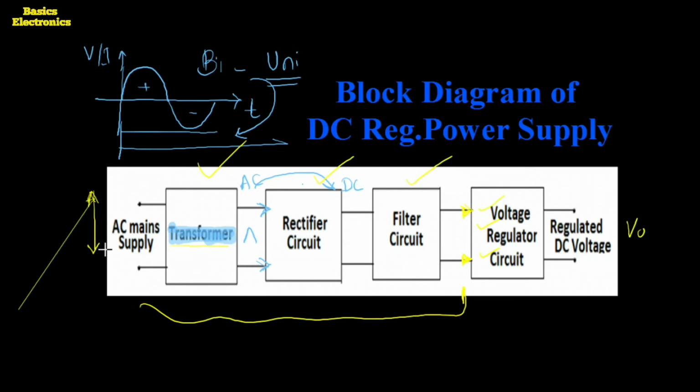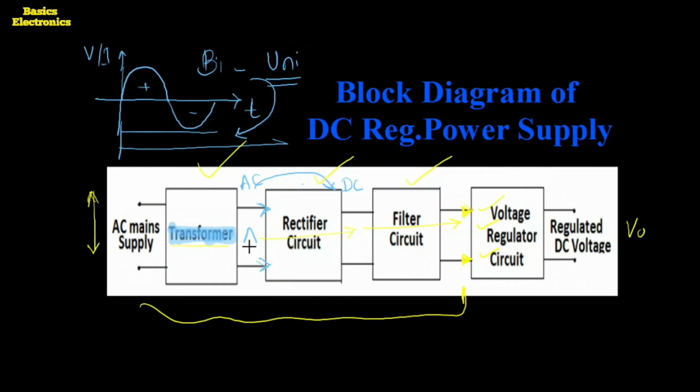See, the input is taken from the AC main supply to the transformer, and then the transformer provides the secondary voltage to the rectifier. The rectifier converts it into unidirectional DC voltage, but its output has AC and DC components. We have to remove the AC component, we have to filter it, and provide the smooth DC output voltage. For that we use the filter circuit.